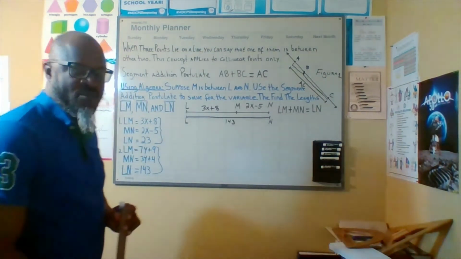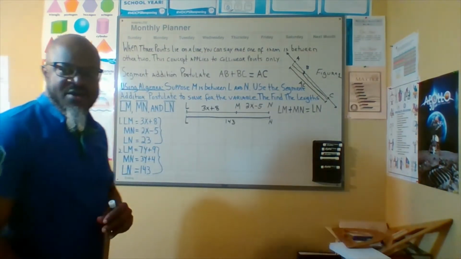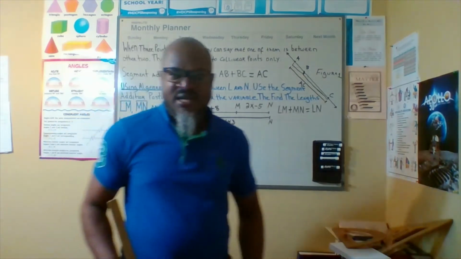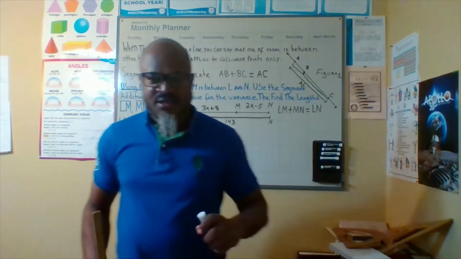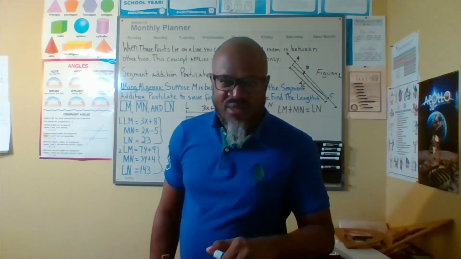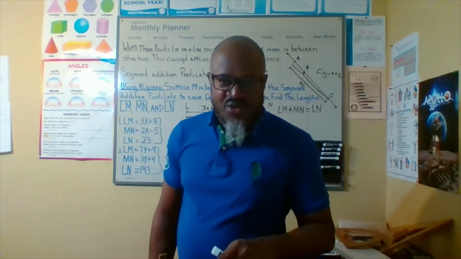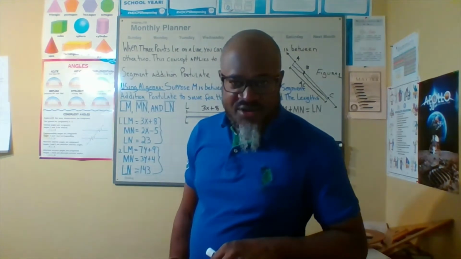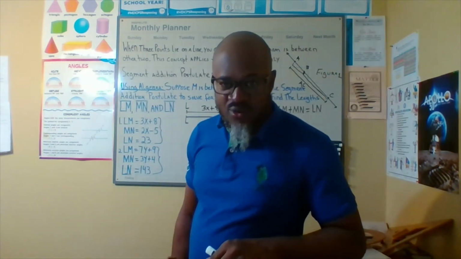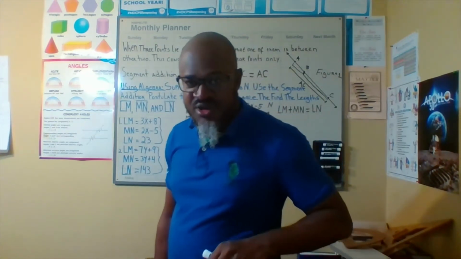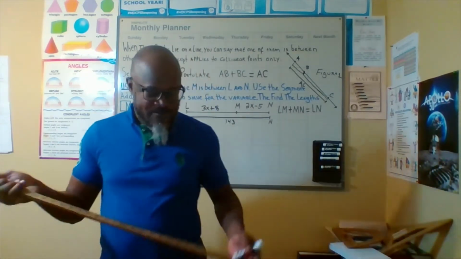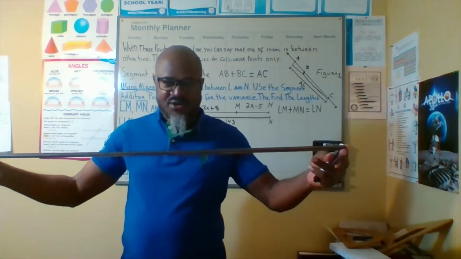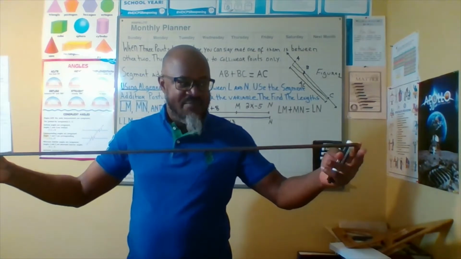Let's assume that we have 3 points that lie on the line. You can see that one is between the other two. So we have 3 points on that segment.